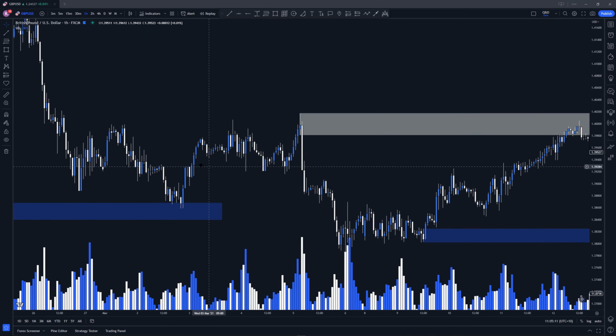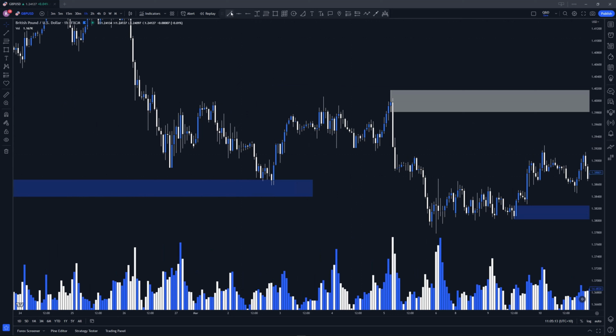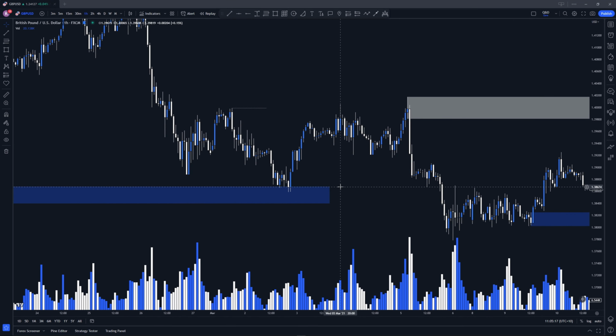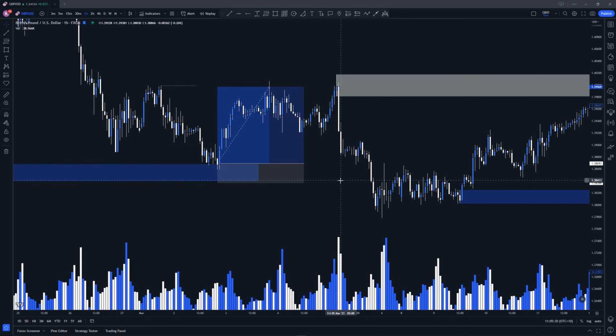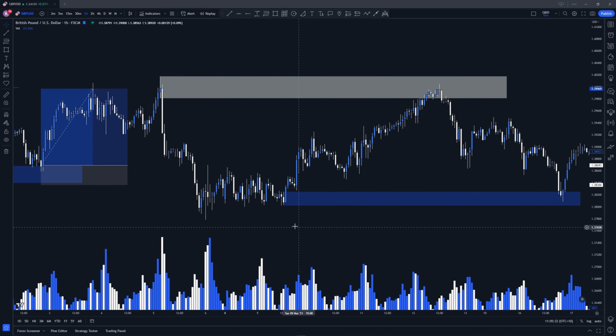It's got a nice reaction, but later on the sell-off, hopefully some profits may have been taken there and stop loss moved to break even. But for this example, it was a 1 to 3, which is great. You could have even just closed out the trade there, kept all the profits.